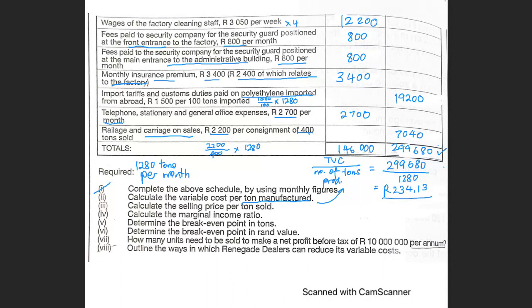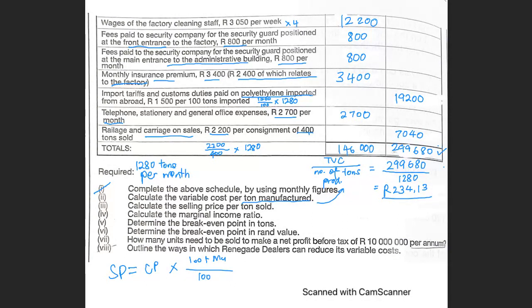So then in the next question, they asked you to calculate the selling price per ton sold. So the selling price is calculated using the formula: selling price is equal to your cost price multiplied by 100 plus the markup over 100.